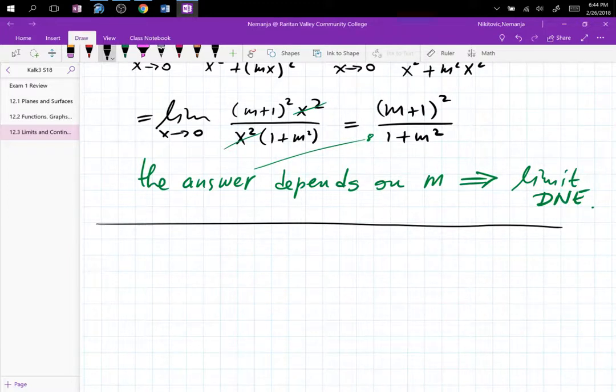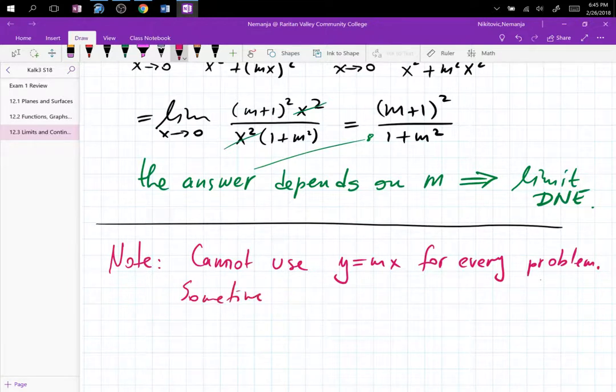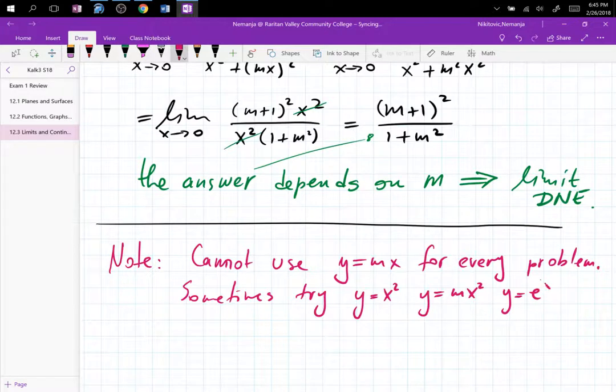Maybe I should write that here in blood. Note, you cannot use y equals mx for every problem. Sometimes try y equals x squared, y equals mx squared, y equals e to the x.